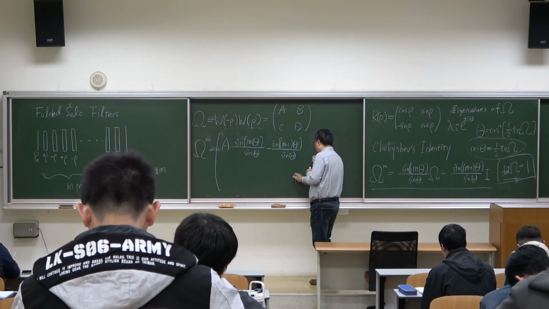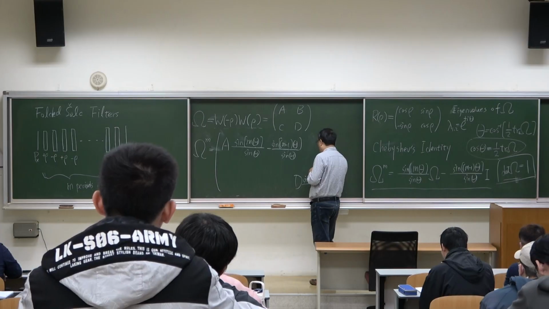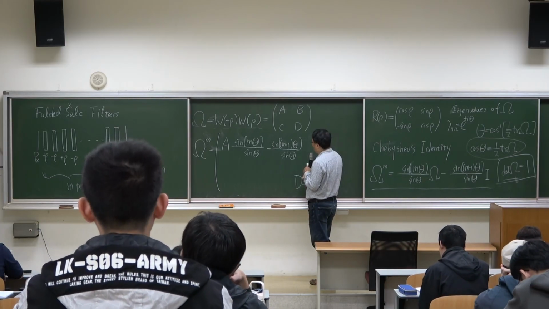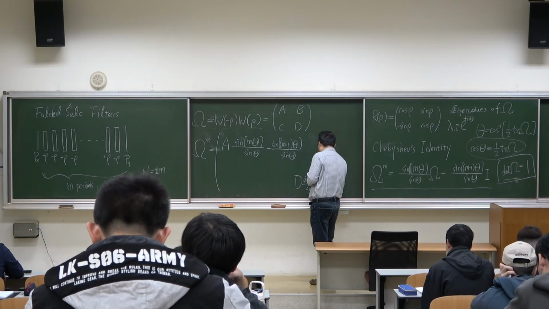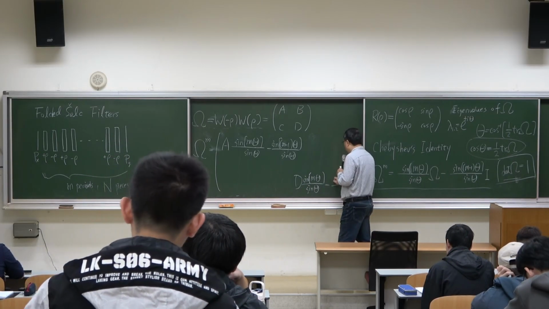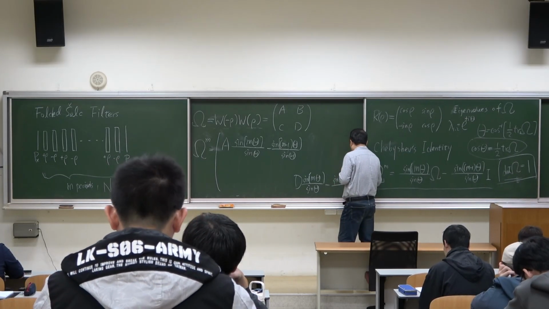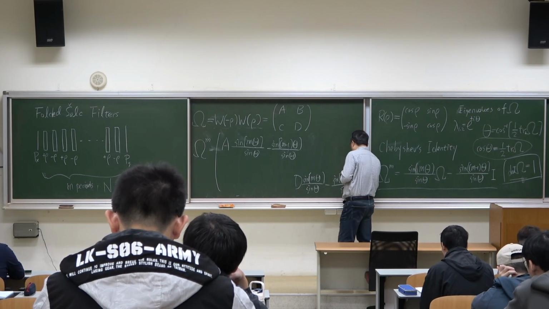Okay, and here D: sine m theta over sine theta minus sine m minus 1 theta over sine theta.